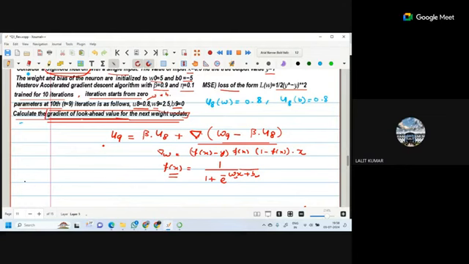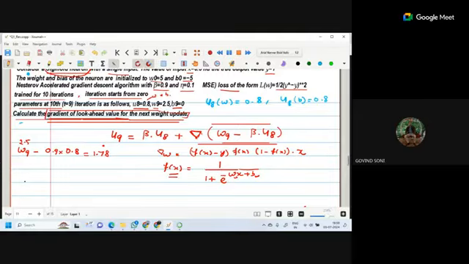Now the effective w here, when I'm looking ahead, is w9 minus beta into U8. The beta value is 0.9, the U8 value they have given me is 0.8, and W9 they have given as 2.5. So this becomes 1.78 for this gradient.